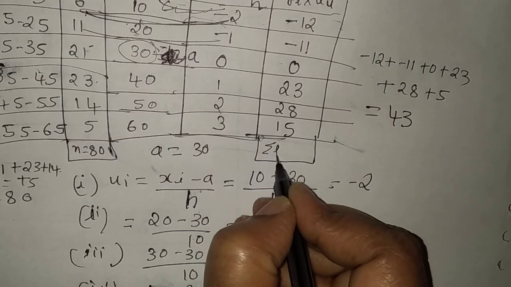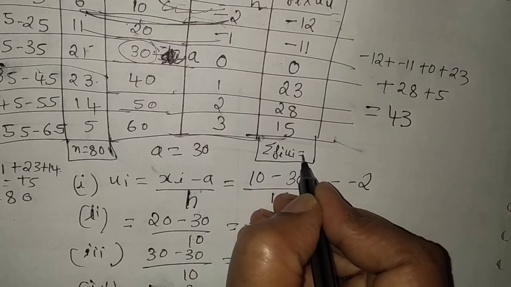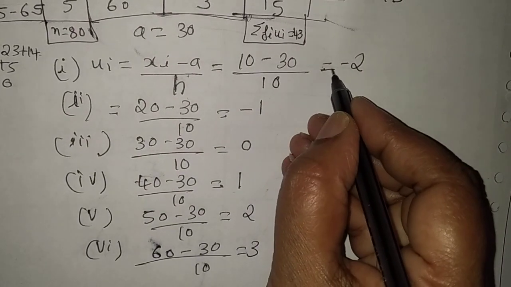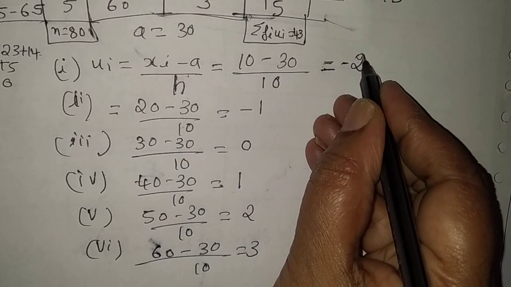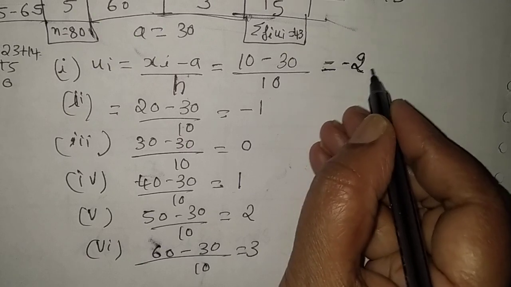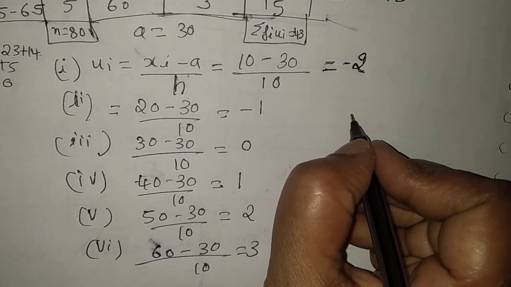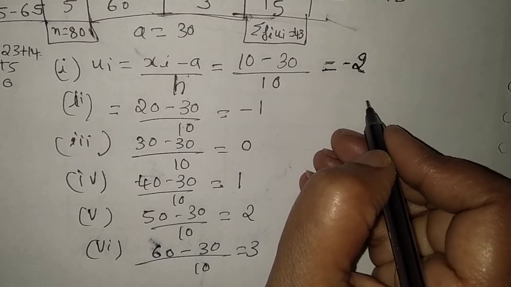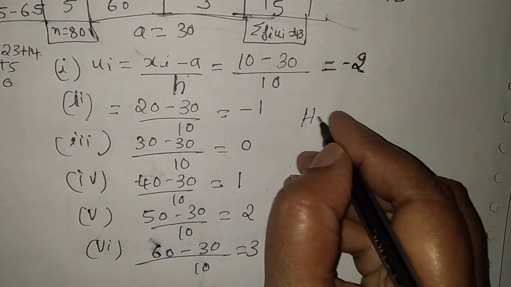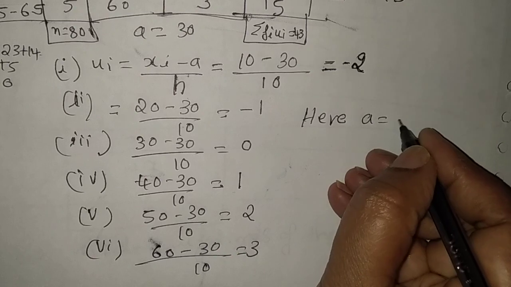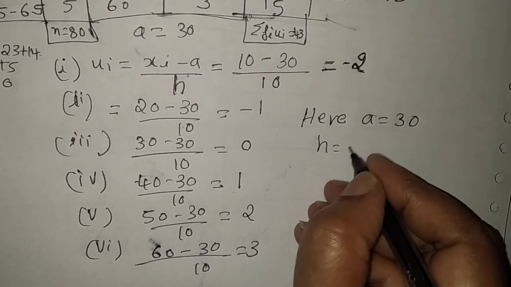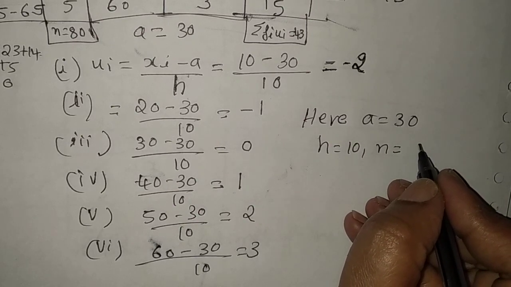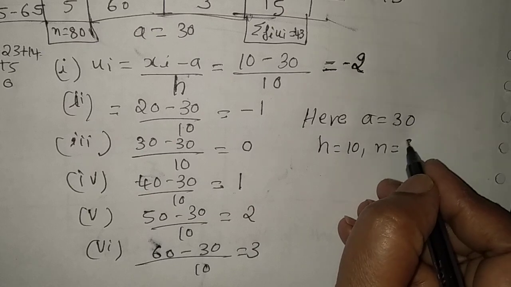That is summation of Fi Ui, 43. Here A is equal to 30, H is equal to 10, N is equal to 80.